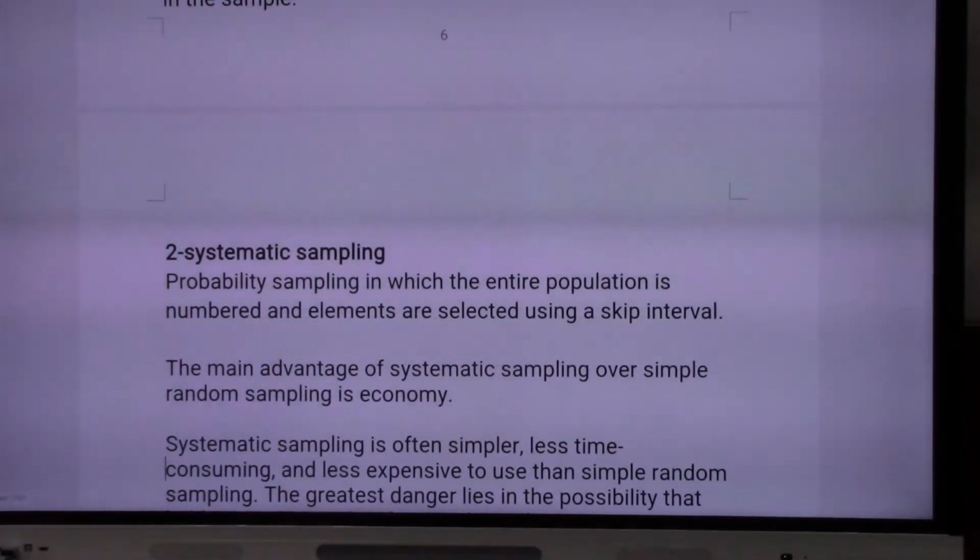The greater danger lies in the possibility that hidden patterns within the population list may inadvertently be pulled into the sample. For example, if we used the frame of our students' names, we can select 10 of them as a sample, but not randomly like the first method.